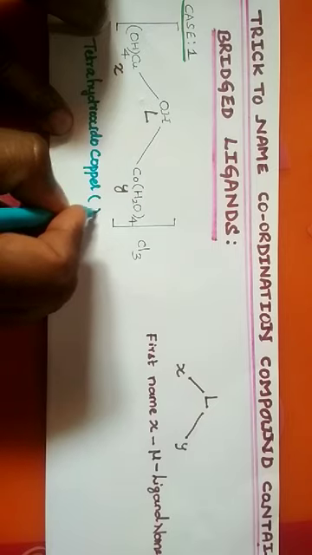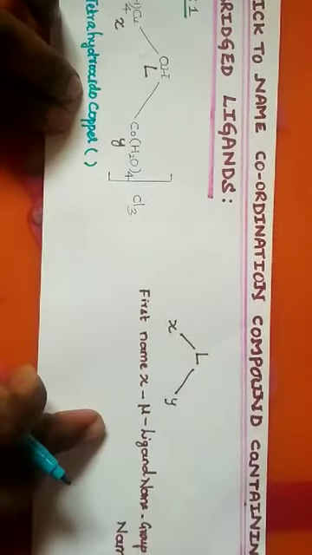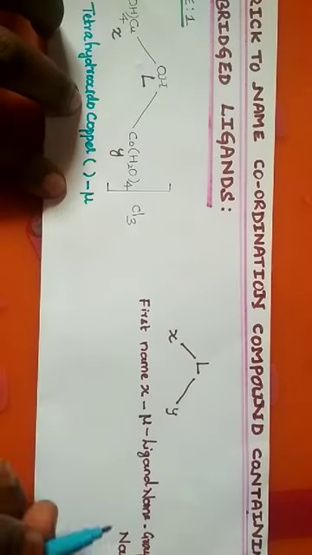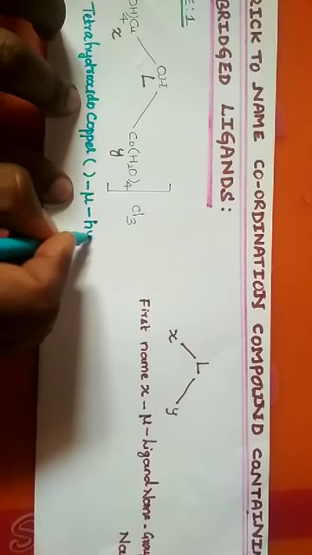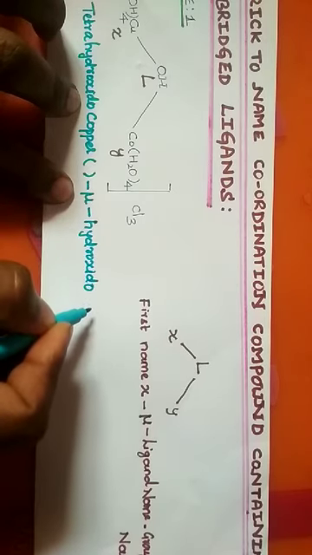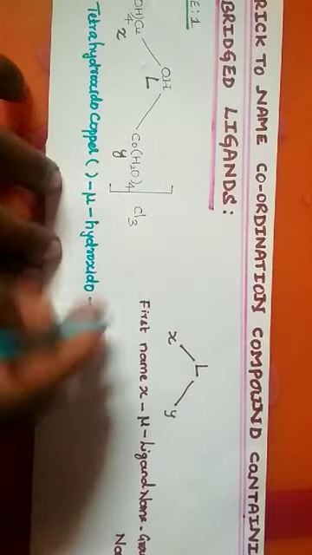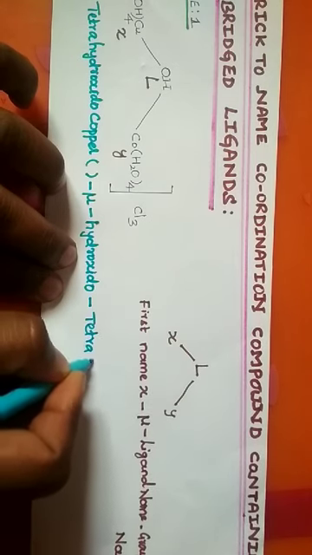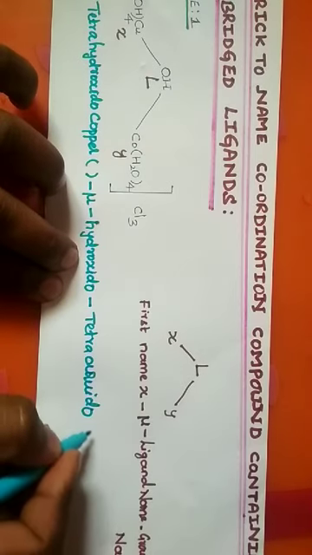You can open a bracket, which indicates the valency. Then you can follow with mu. Why? Because then we write the ligand name. The ligand is OH, you can write hydroxido. Also hydroxido. Then there are 4 water groups. Then the Y group name: you can write tetra aquido, or aqua, no problem. Tetra aquido. Cobalt.